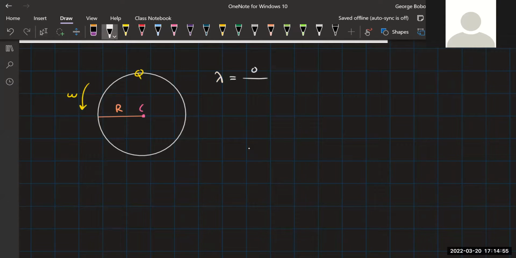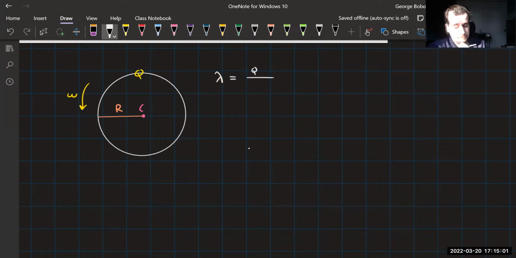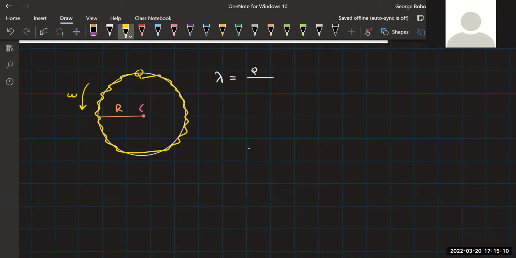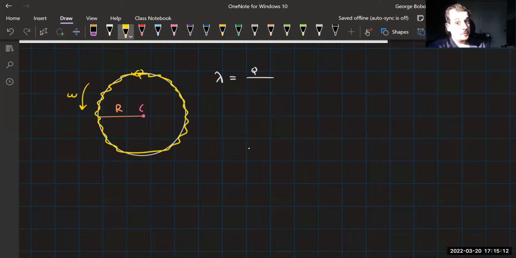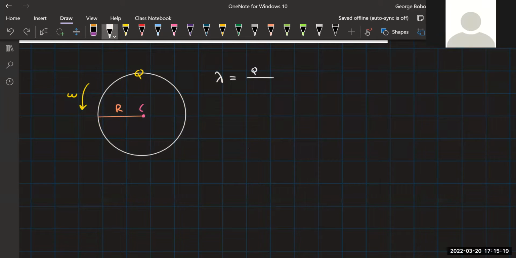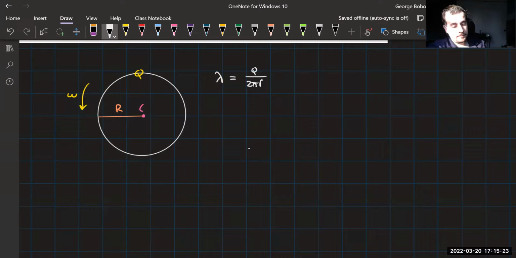Q over R. Close. The Q is spread around the circumference of that ring. 2 pi R. Yeah, that's your lambda.